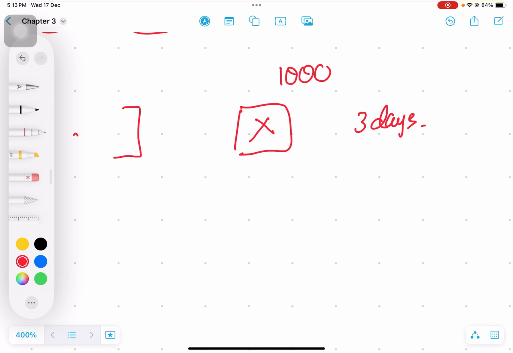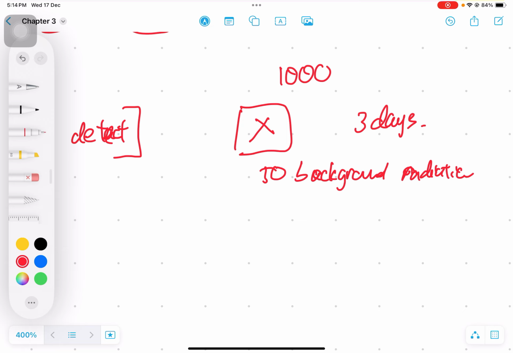But when the detector detects, it not only detects the radiation from element X, it also detects the background radiation. For example, the background radiation is 50. So the detector detects 1050 activity.